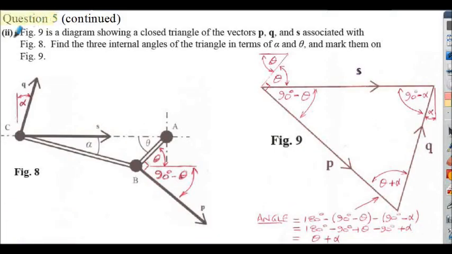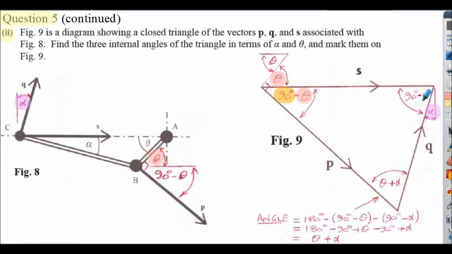Here's question 5, part 2. Here's angle theta on our figure 8. Here's angle theta on figure 9. Let's have a right angle between AB and vector P. So this angle here must be 90 degrees minus theta. As this is angle alpha shown here on figure 8, this is angle alpha here on figure 9.